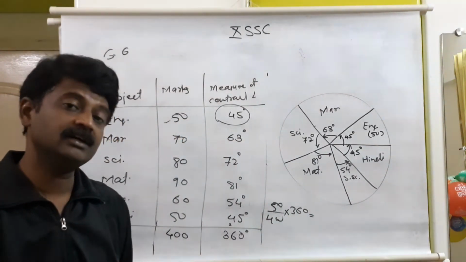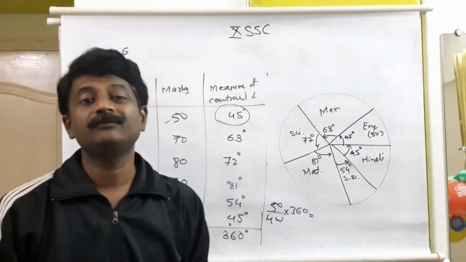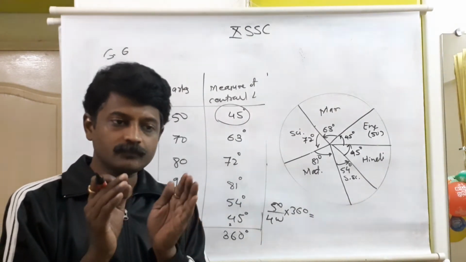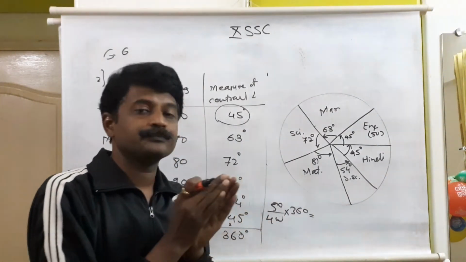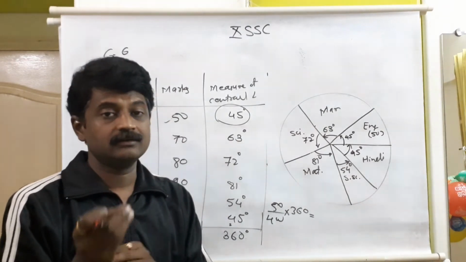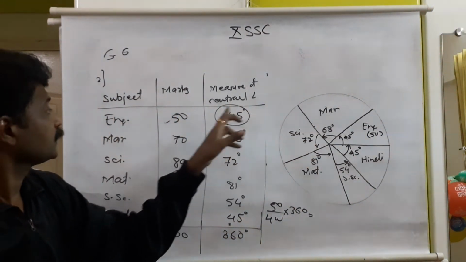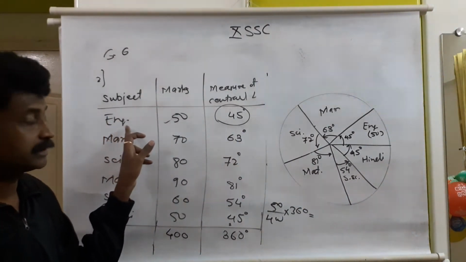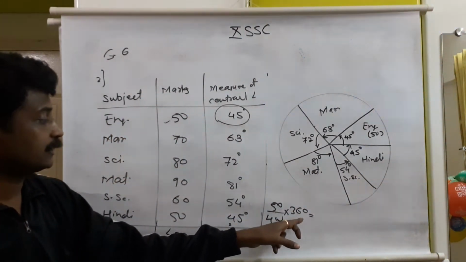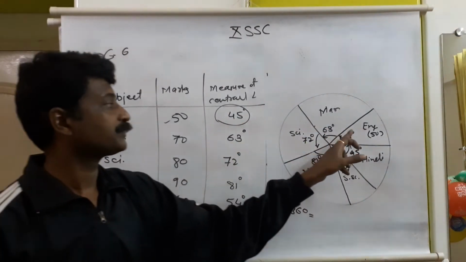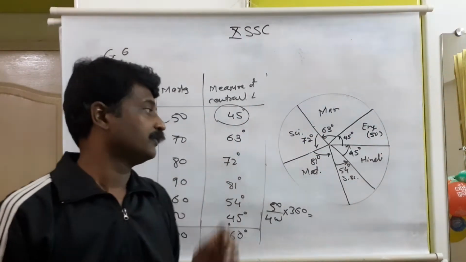So we get the central angle, and with the help of D we can draw the particular sector which represents the portion for the English subject in the pie diagram. So 45 degrees is the calculation. For the English subject the measure of the central angle is 45 degrees.